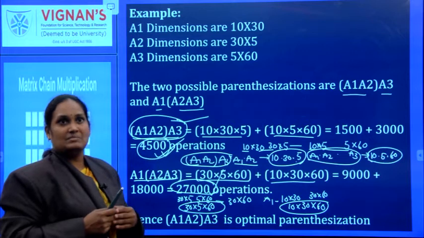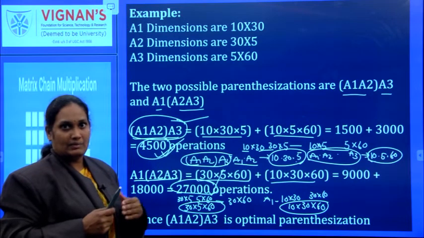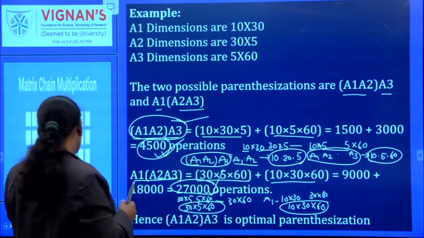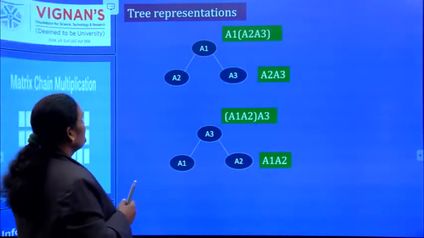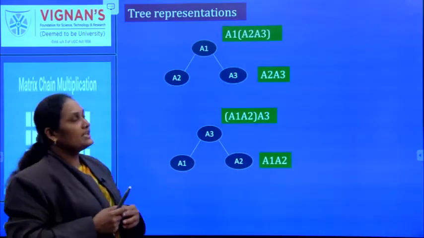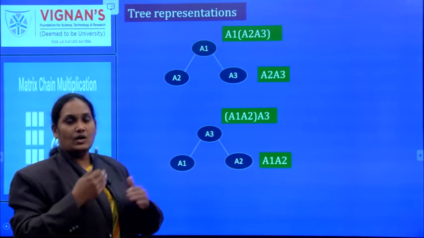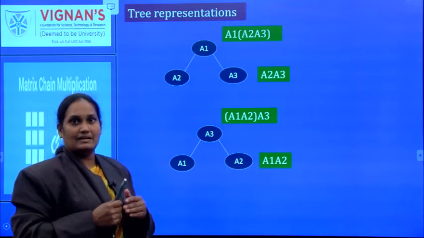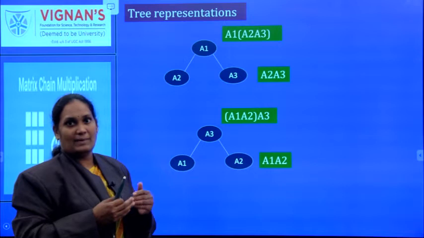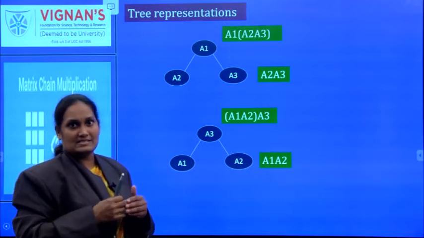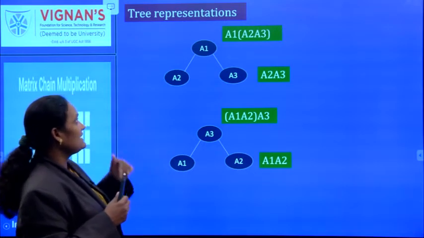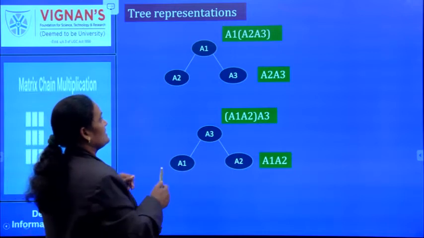So the algorithm can be developed by following dynamic programming, right? Now, before going to the algorithm, let us see how the parenthizations of a sequence of matrices can be represented using tree structures.